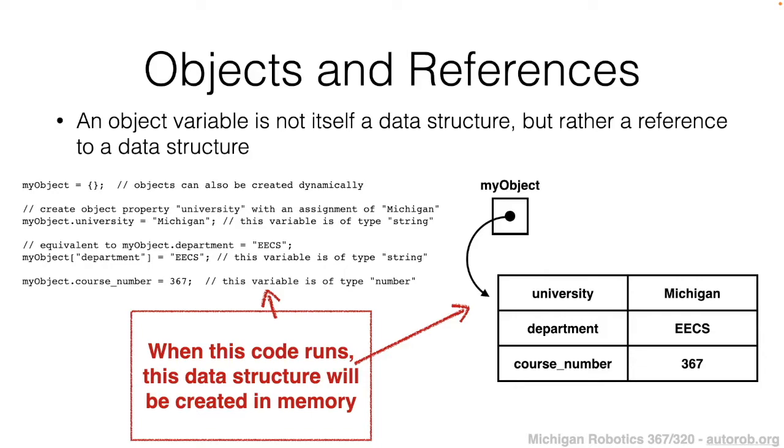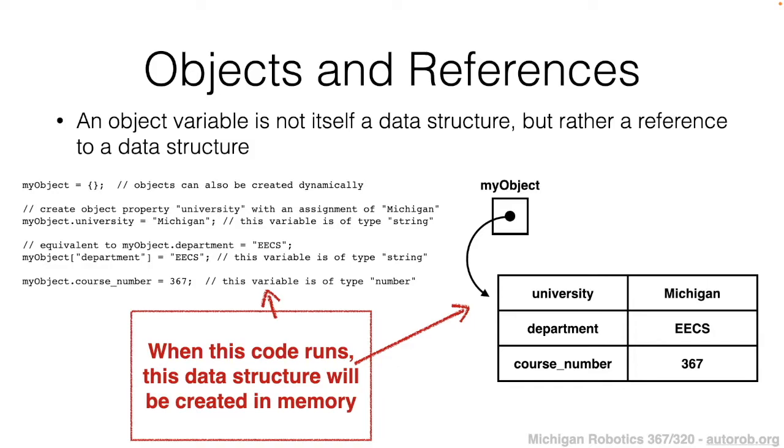This data structure within memory is what actually holds the properties of the object and the value of the data assigned to each property. For example, in the figure on the right, we're showing in this tabular format each property that was assigned to the object that we created. But our object itself, the myObject variable that we create, is actually a reference to the underlying data structure in memory. So if you're coming from a C++ background, this idea of reference should be familiar.